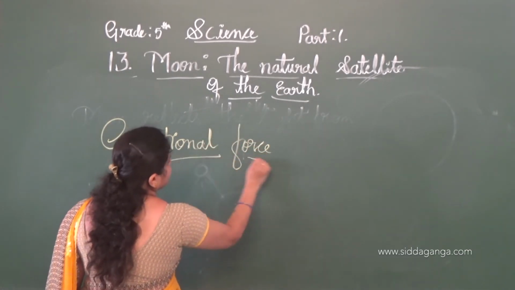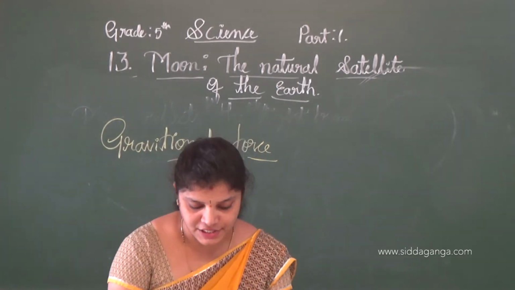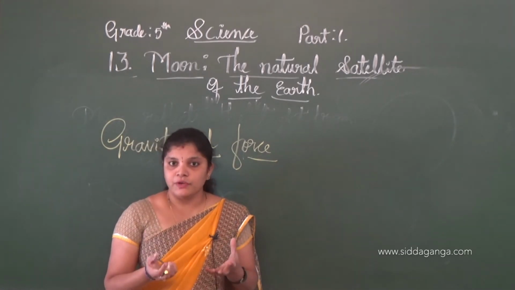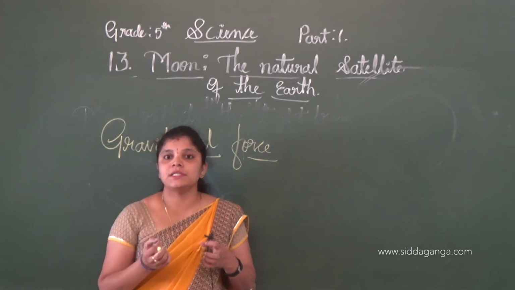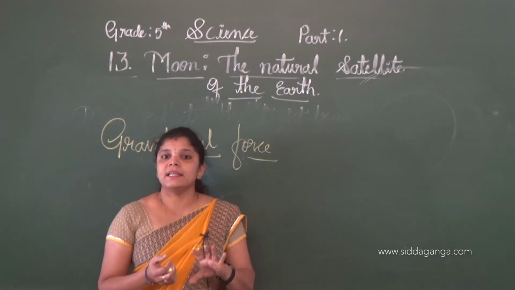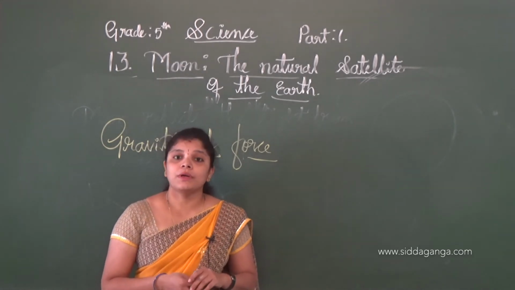Yes, we already learned about gravitational force in the last chapter, isn't it? I spoke about gravitational force. So gravitation means it's a force, it attracts things towards the earth, called gravitational force. See, like that the moon also has its own gravity. So mooniಗೂ ಸಹಿತ ತನ್ನ own gravity ಇದೆ.